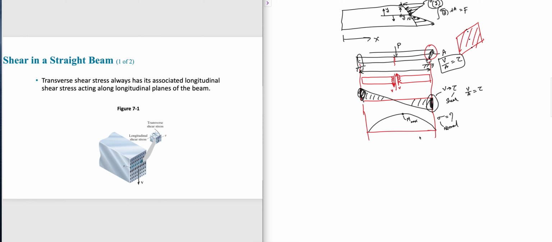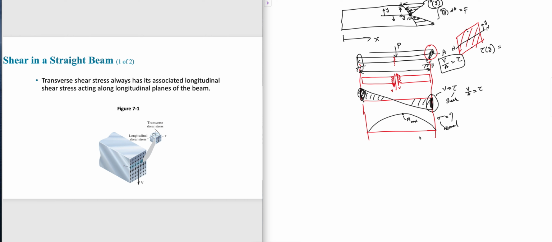We need something more. And that's exactly the purpose: to calculate the shear stress at each y. Where is y? If you remember from the previous class, y is measured from the neutral axis, and going up is positive.